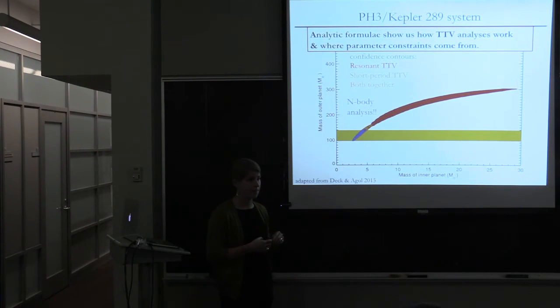Yeah, I think that when we looked at the parameters for the system, we kind of knew that at this period ratio, they're far enough away from resonance that there's going to be some amount of error. Yes, yeah, exactly.